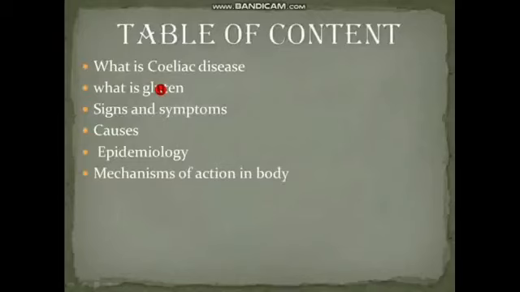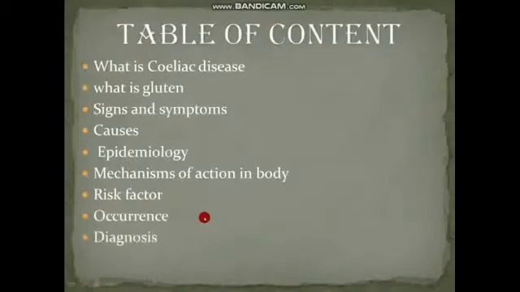It means how, and what actually happens during celiac disease inside our body, the pathogenesis of the disease. We will also cover risk factors, occurrence, diagnosis, and treatment of celiac disease. Okay, so let's start.